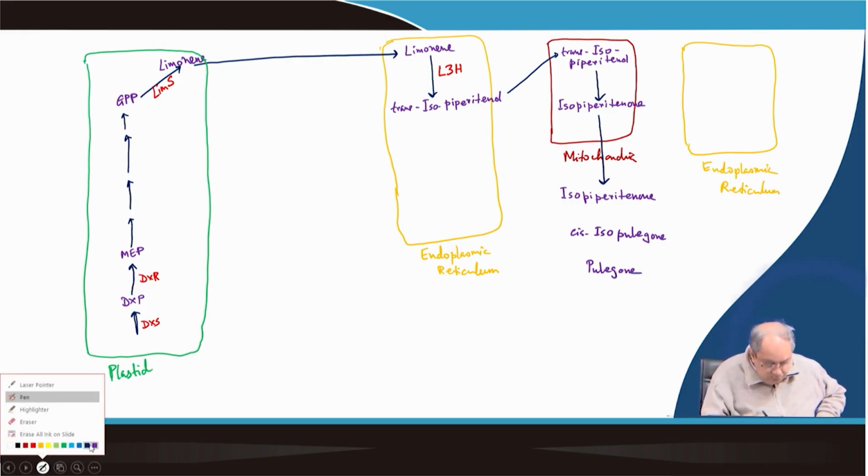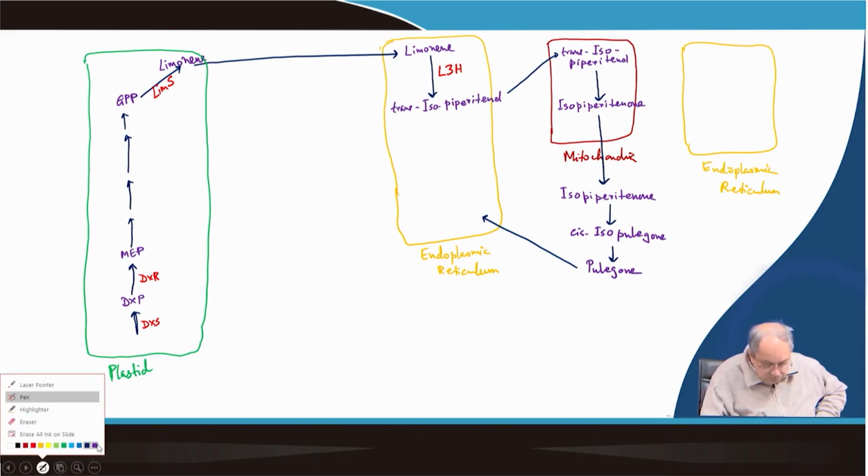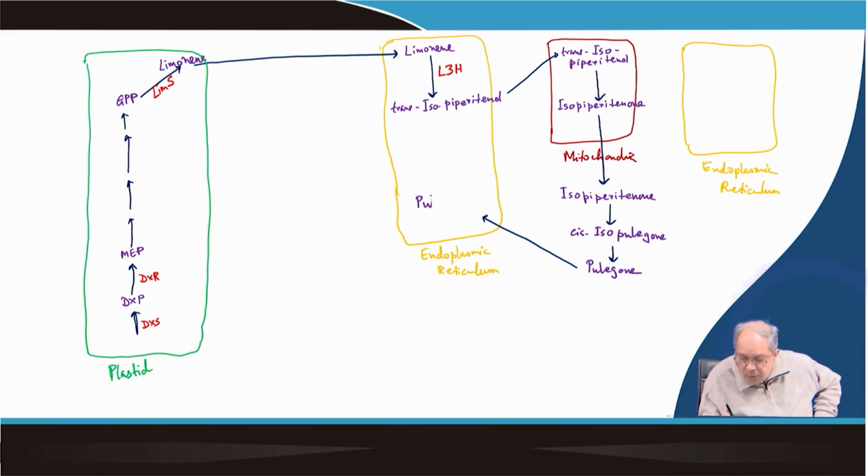So, I put the arrow, and then this pulegone will move in one route inside the endoplasmic reticulum again, where it will be converted into menthofuran.